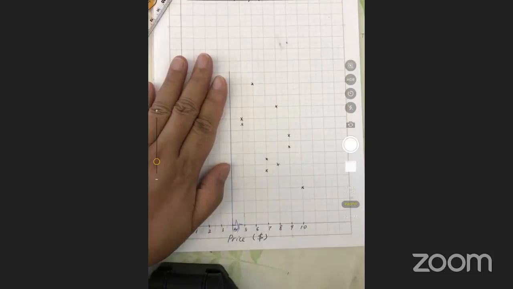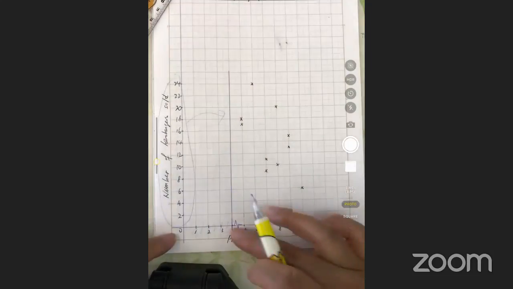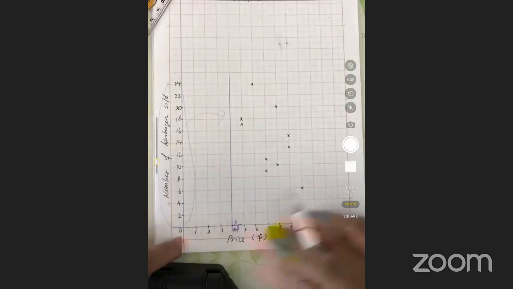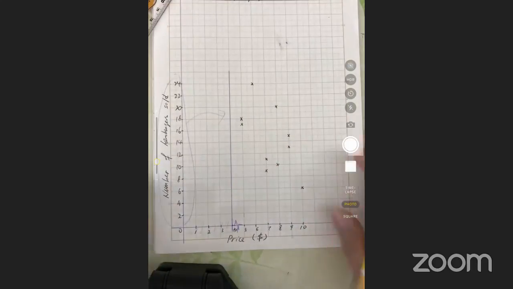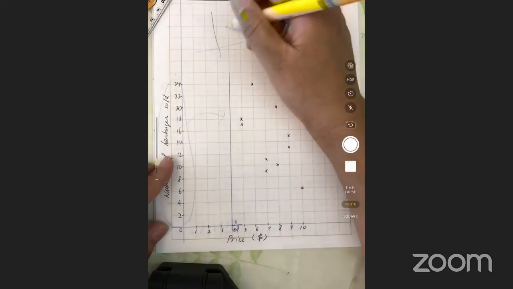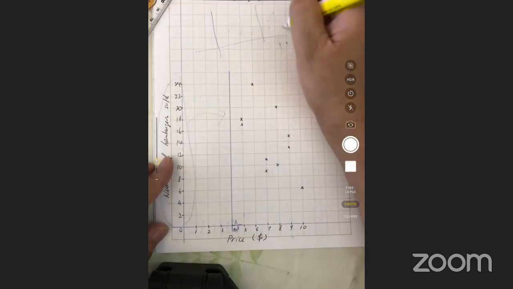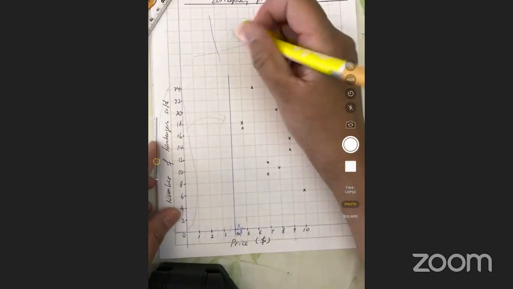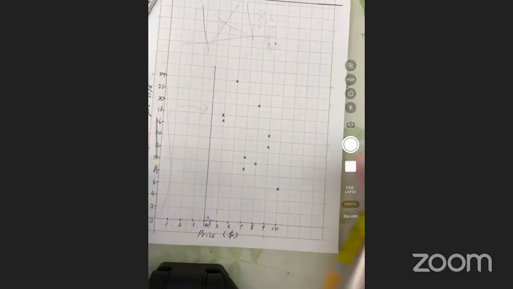Then your diagram will look like that. But for this one, the empty space is not that big, so you can just draw in this way. But sometimes if your diagram has a lot of empty space, and your data are only in this part, then you had better skip this part in this way.